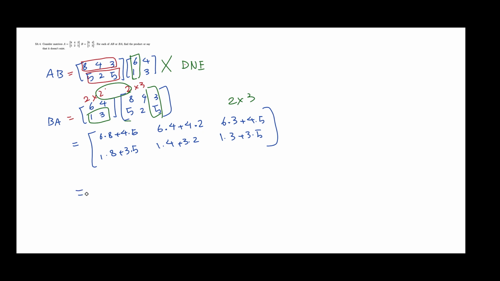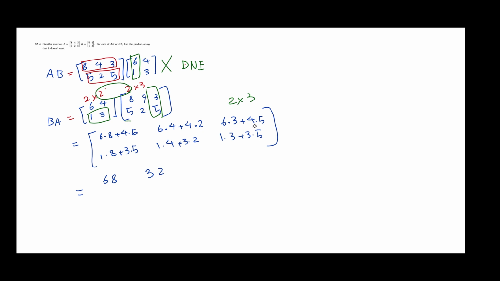Clean it up a little bit, and 6 times 8 is 48, plus 20 is going to be 68. 6 times 4 is 24, plus 8 is 32.